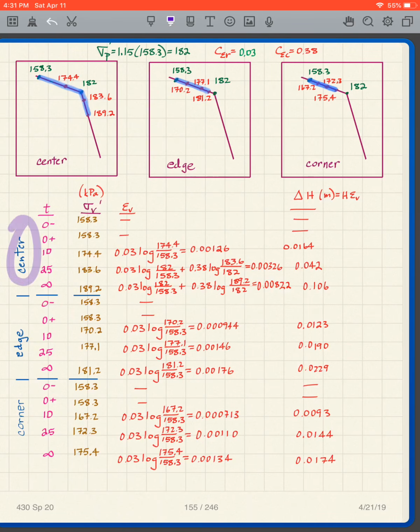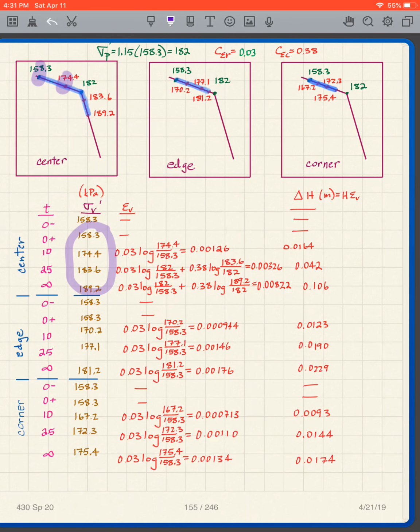So when I look at the center, what do I see? I have these stresses I'm going to put on there. The 158.3 goes to the left, the 174.4 goes to the left, the 183.6 goes to the right of the 182, and 189.2 goes to the right of 182.